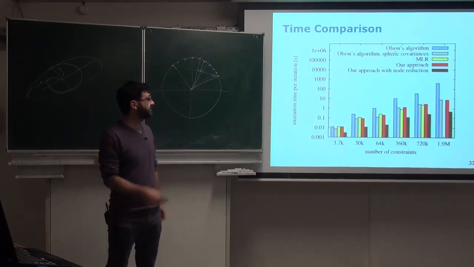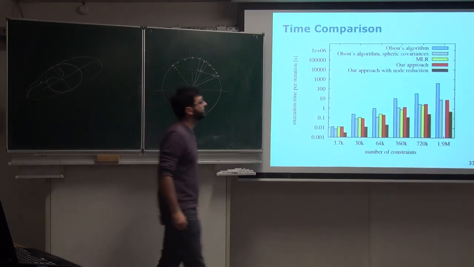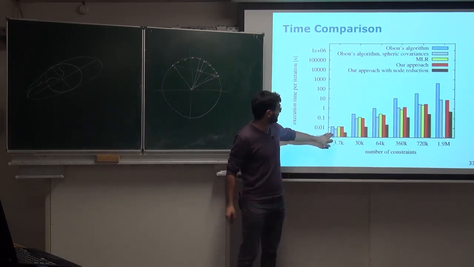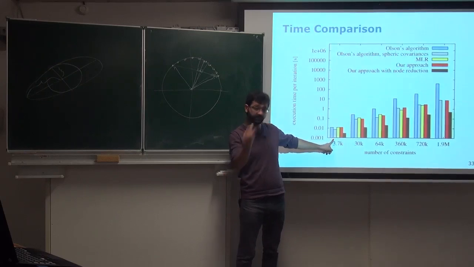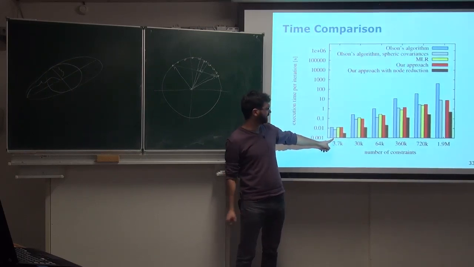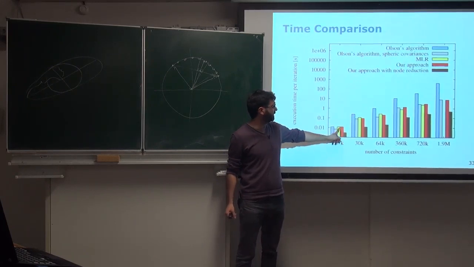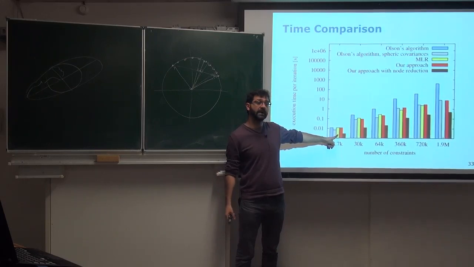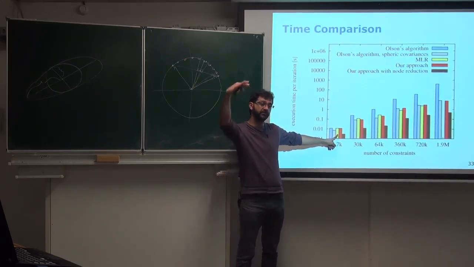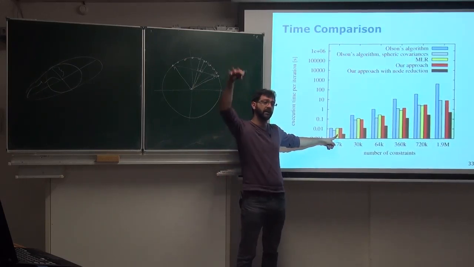With respect to time, here is a comparison of different approaches. The first two are the incremental parameterization. You have in yellow what is called multi-level relaxation. It's something we didn't include in the lectures, but it's another way of solving the least squares problem in a hierarchical way.